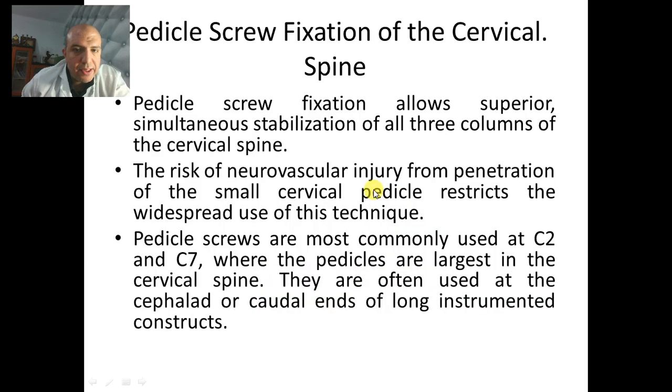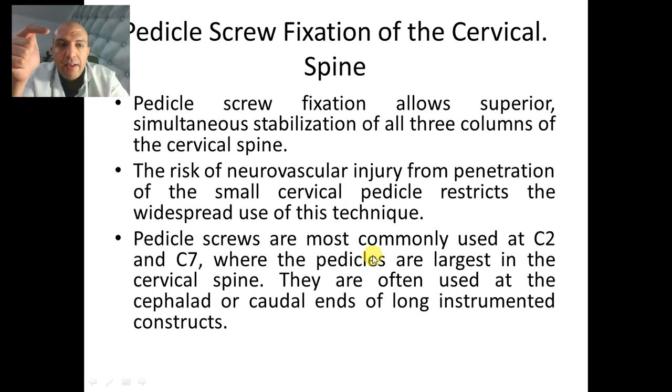I also inform you about pedicular screws in the cervical spine. It is so dangerous because it passes in the corridor between the spinal cord and the vertebral artery, and the well-developed pedicle is only at C2 and C7.